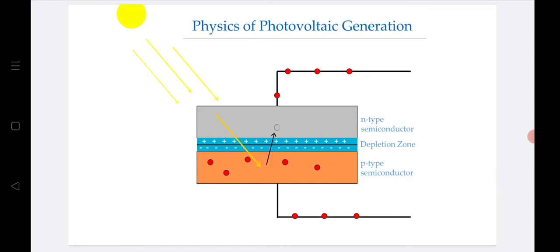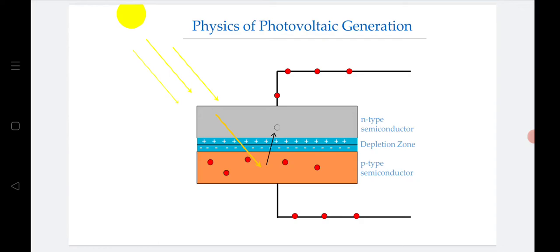Let us see how it is going to generate. Let us see that on the top there is an n-type semiconductor, and at the bottom you are going to have the p-type semiconductor. In between you are going to have the depletion zone. If I am saying photovoltaic generation, that is nothing but light falls on the material. Whenever the light falls on this material, what happens?